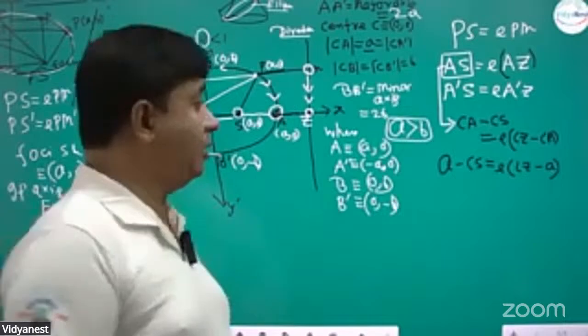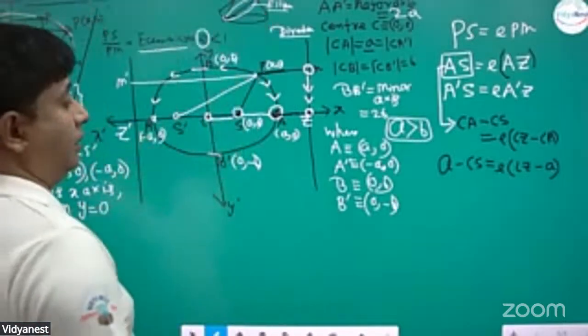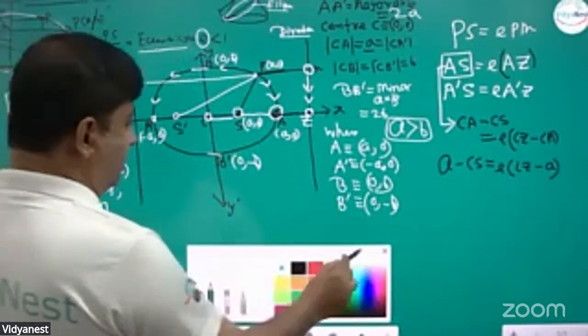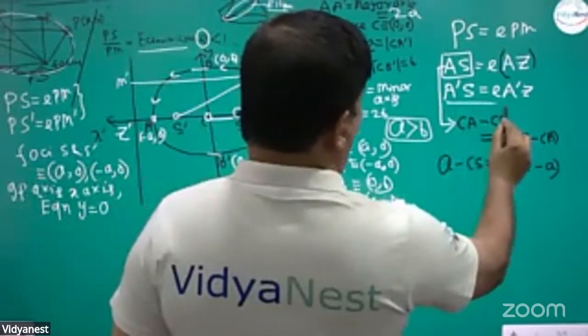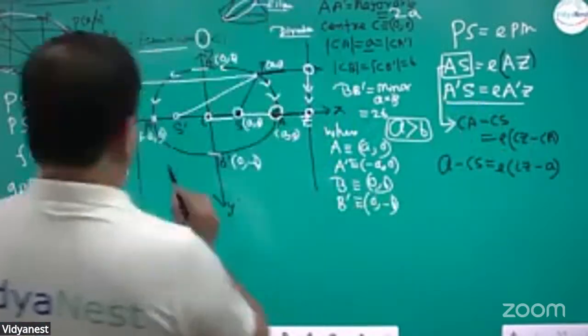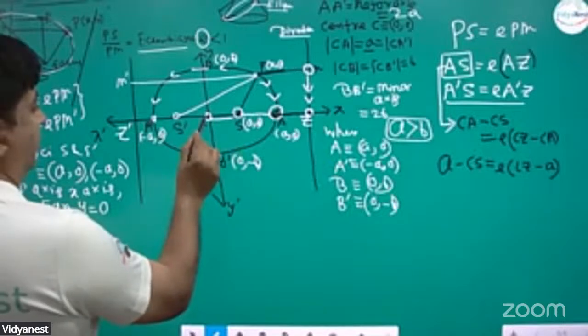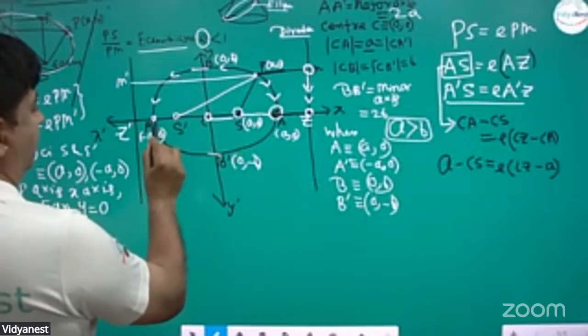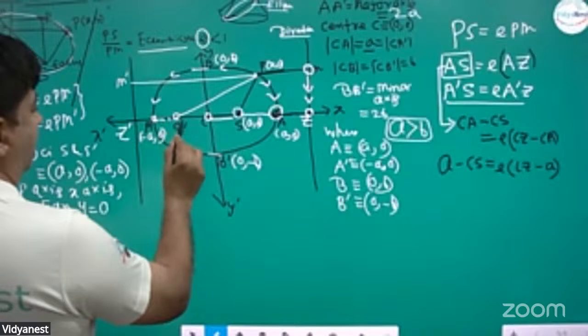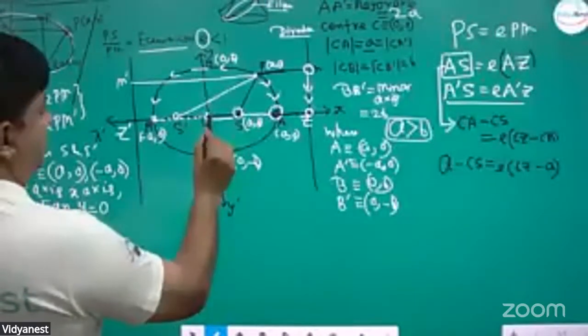Hope you can follow. Now, I will come to the next result, A dash S. What is A dash S? It is clearly visible that it is CA dash plus CS.